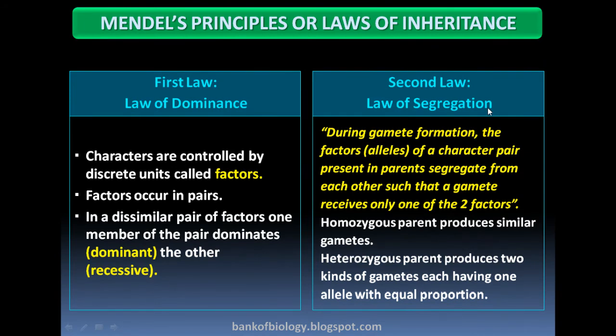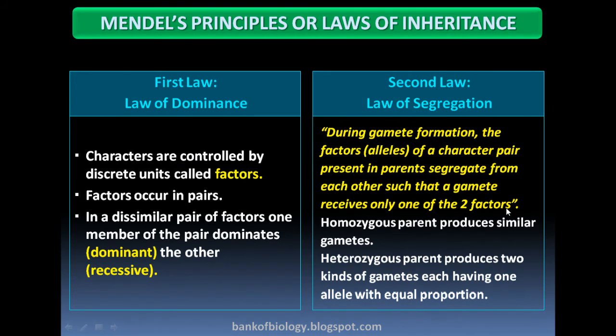Second law is law of segregation. Segregation means separation. It states that during gamete formation, the alleles or factors of a character pair present in parents segregate from each other such that a gamete receives only one of the two factors.